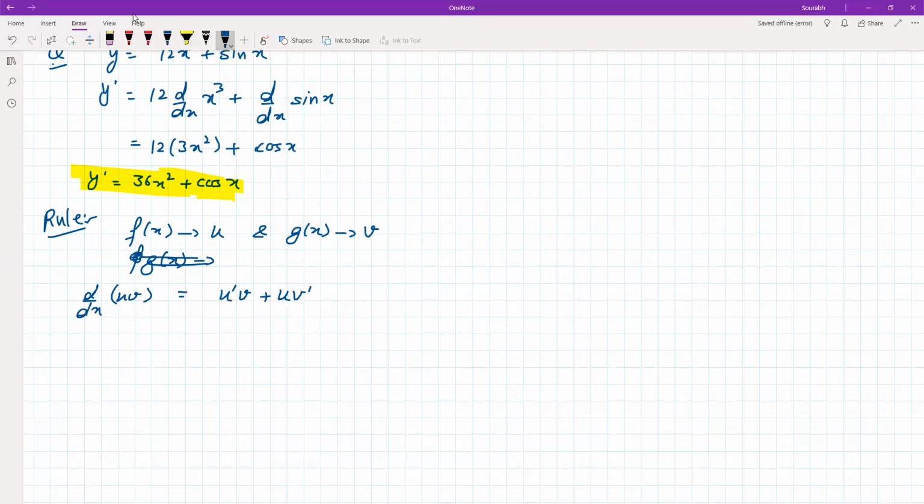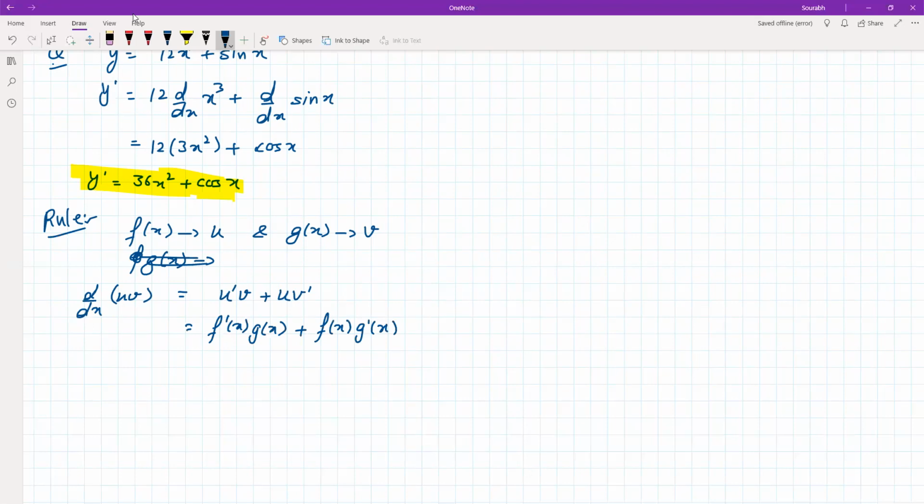So we'll have an example, and then we'll move to the next rule. So what does it mean? This means you differentiate the first function, write the second function as it is, plus write the first function as it is and differentiate the second function.